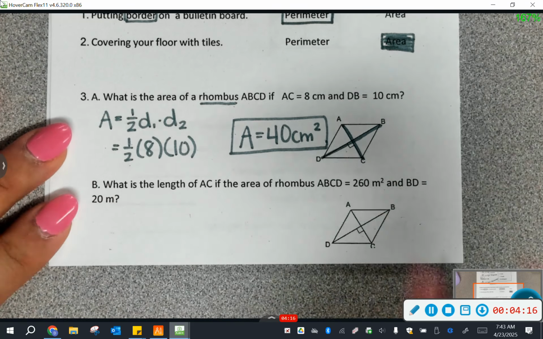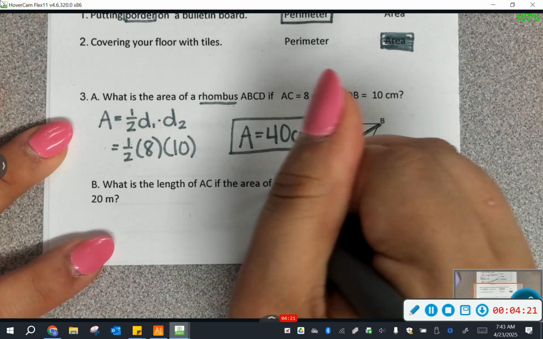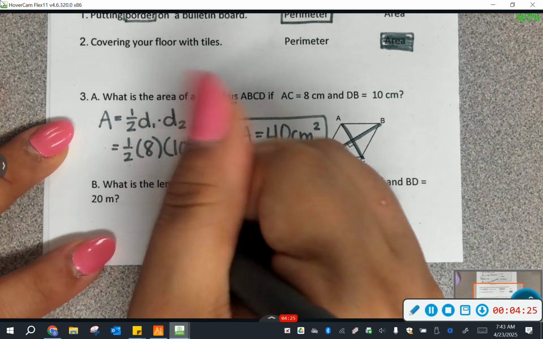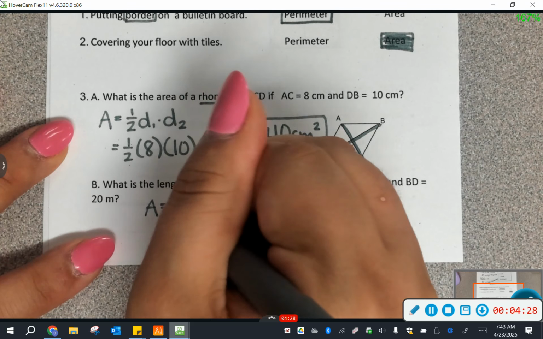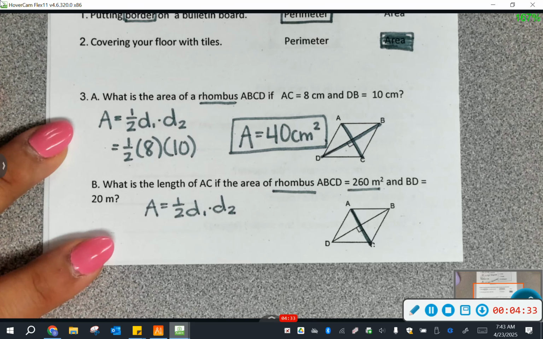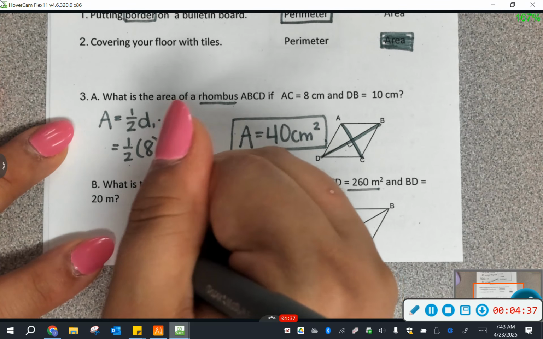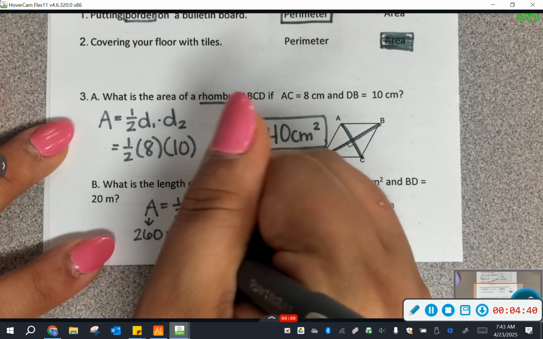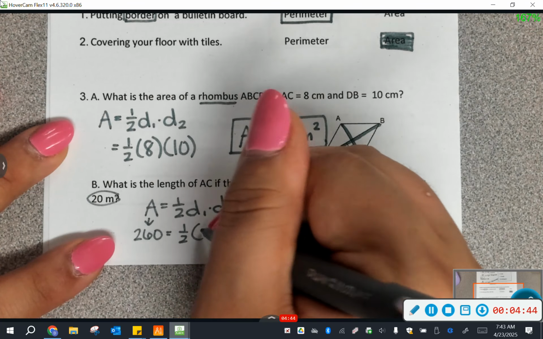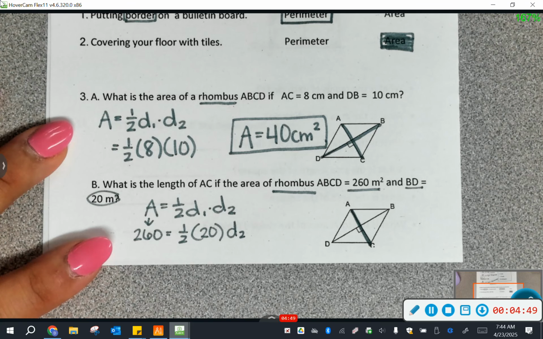What is the length of AC? So this time I want to know, what is this? If the area of a rhombus is 260 meters squared. For this one, again, I'm going to do 1/2 diagonal 1 times diagonal 2. And this time I'm going to plug in what I know. I know the area is 260. And I know one of the diagonals, BD, is 20. How do I find that other diagonal?